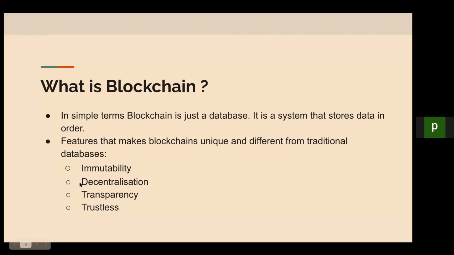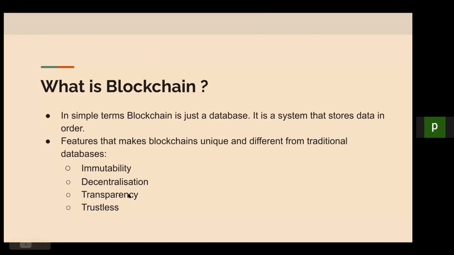In this case, the blockchain database is completely decentralized. Every entry in the blockchain is approved upon consensus of thousands of nodes present in the network. We will talk about consensus in later slides. All the nodes need to consent on the data being written, and only after that is it written to the blockchain.